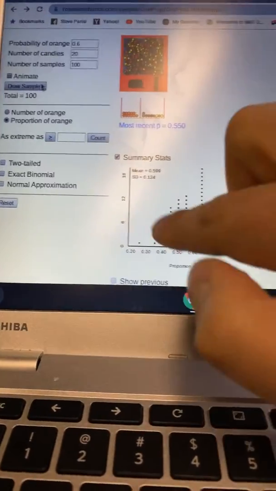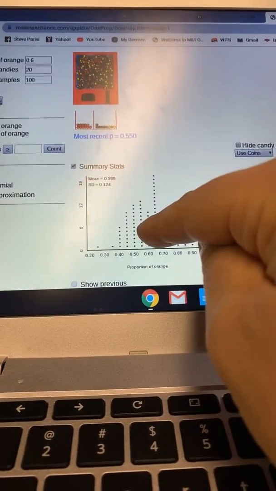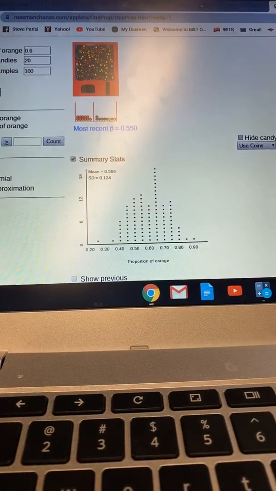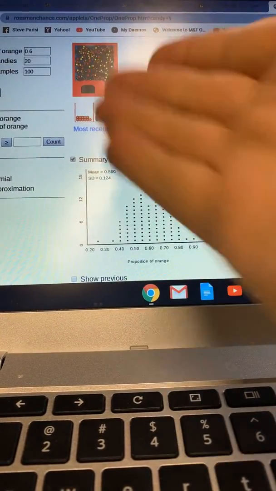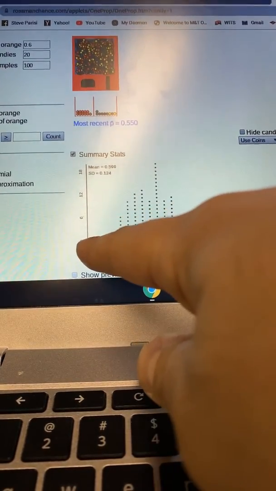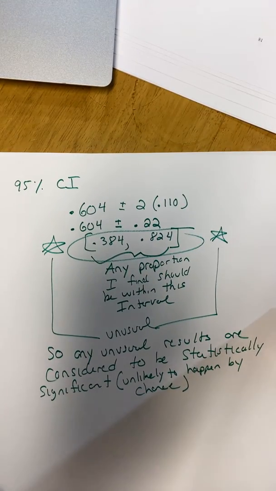So that dot would be statistically significant. Something in here, well, that would probably happen by chance. You're likely to find that. It's kind of where it should be. These, no, unlikely to happen by chance. So that's a 95% confidence interval.